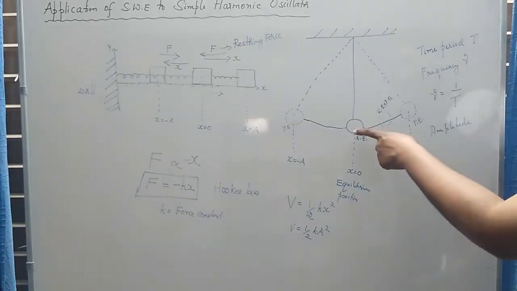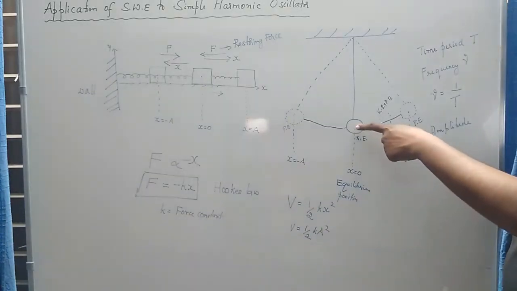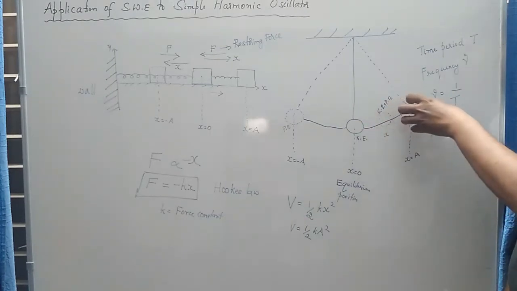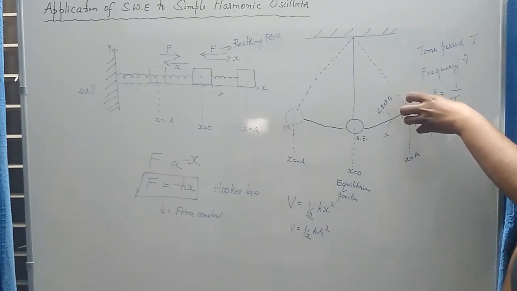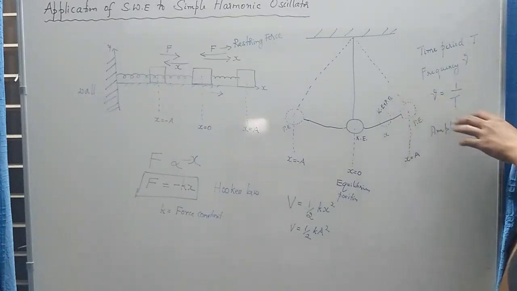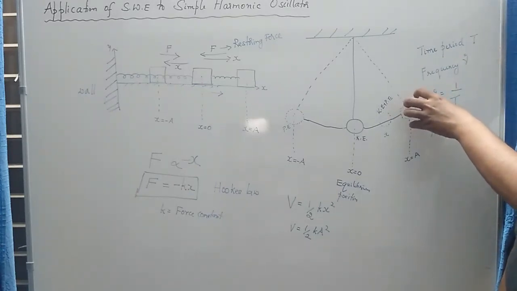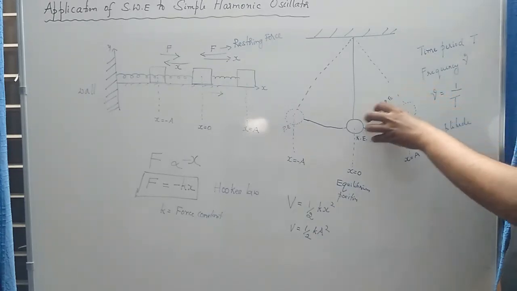So when the particle is here and I take the particle to one extreme position, maximum force is acting on the particle according to Hooke's law. It means potential energy is maximum, all the energy is in the form of potential energy. If I gently leave the particle here, because of the restoring force, the particle will try to come back to its equilibrium position.